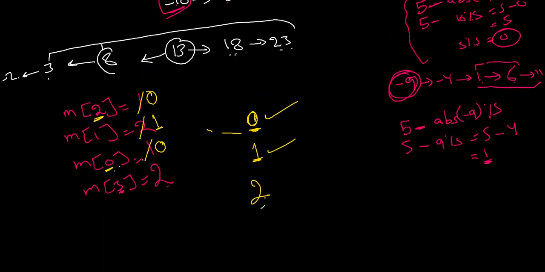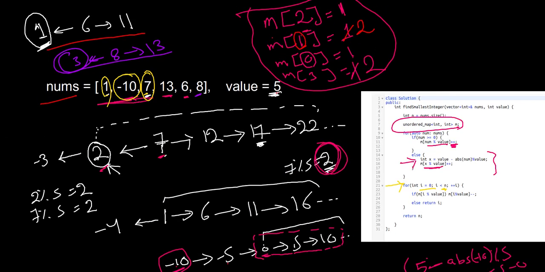Now next, can we get the number 3? The answer is yes, so 2 minus 1 is 1, and indeed we can reach 3 using numbers like 13, since 13 minus 5 is 8, 8 minus 5 is 3.